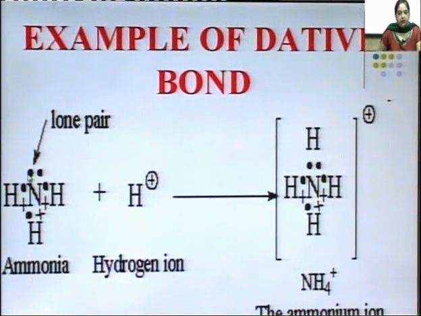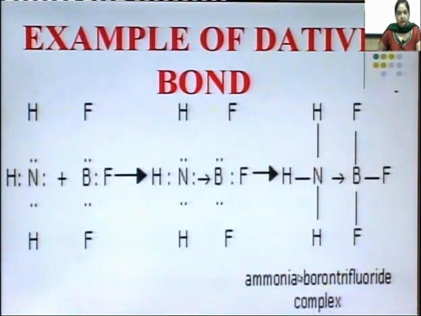Ammonia has nitrogen with one lone pair. Ammonium ion is formed. In the ammonia and BF3 molecule, both electrons come from the same atom, forming the dative bond.